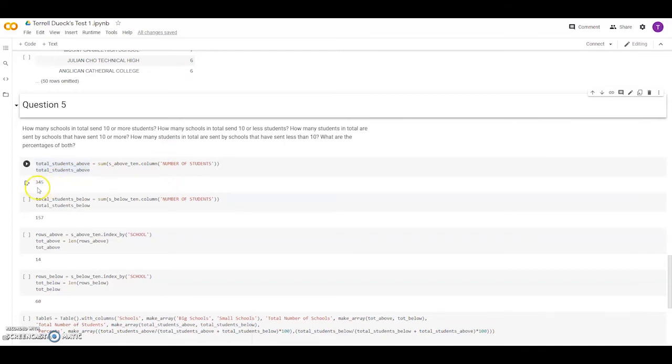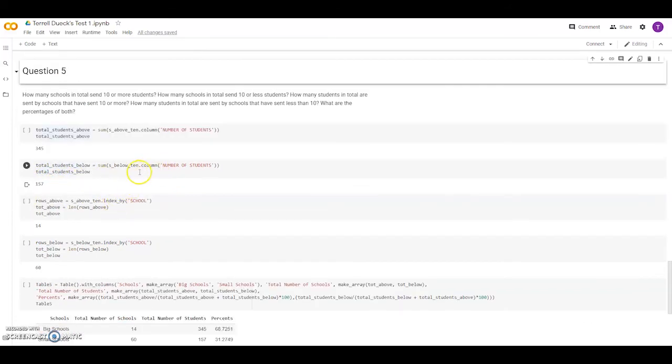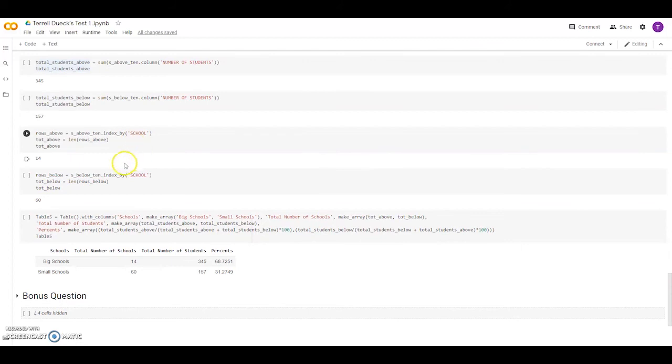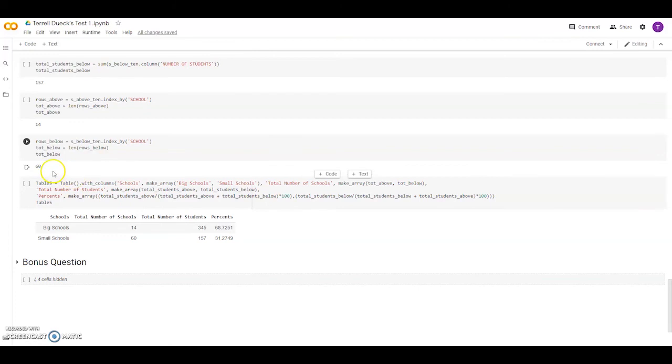Turns out that's 345 students. In the below 10 group, it shows that I have 157 students. And here in the row, it shows how many big schools there were, and there were only 14 big schools, where I use question 3's coding, and this one I use question 4's coding, where there were 60 schools.